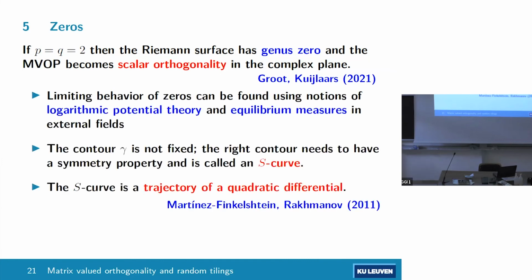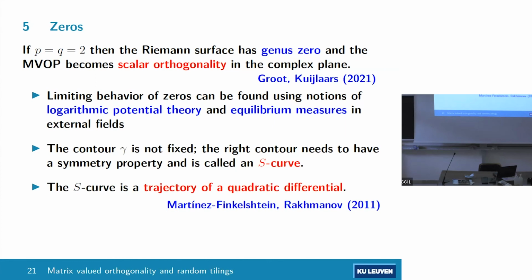In that case, we can use notions from logarithmic potential theory to characterize the limits of these scalar orthogonal polynomials in terms of equilibrium measures and external field. But an additional problem here is to find the good contour, because you can take any contour going around 0.